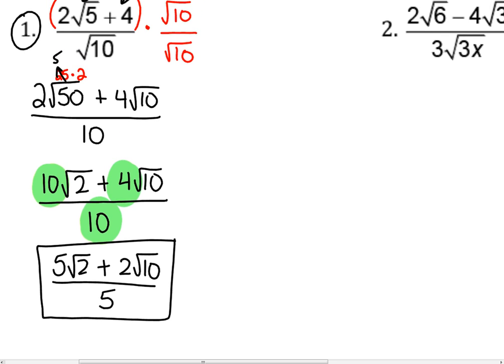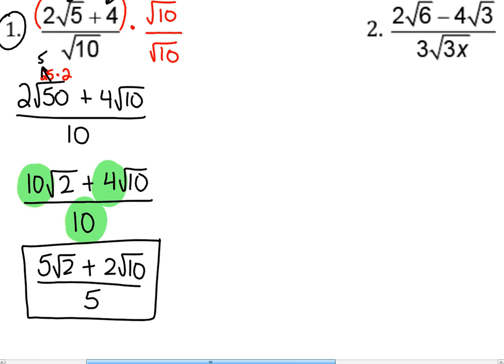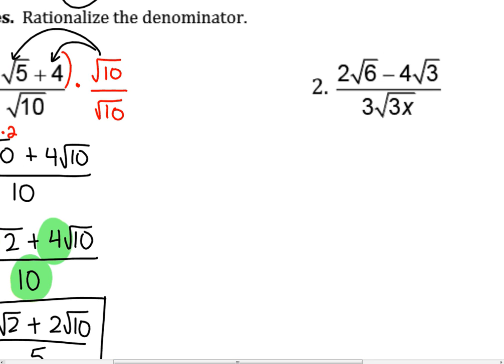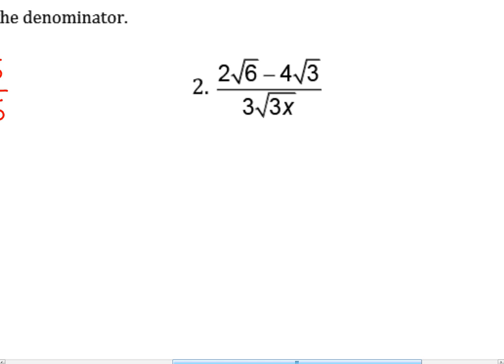Okay, so who's the problem on the denominator? The root 3x. You can multiply top and bottom by 3 root 3x, but you don't have to. The only one that we have to multiply top and bottom by is root 3x. Okay, so let's multiply the numerator and the denominator by root 3x.